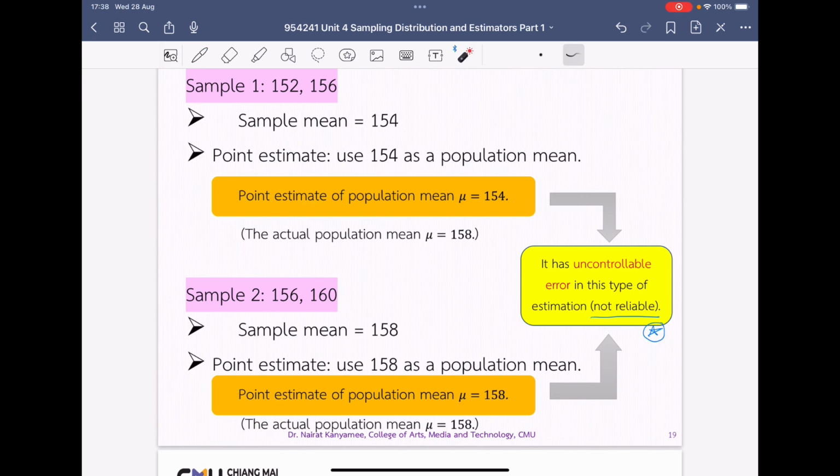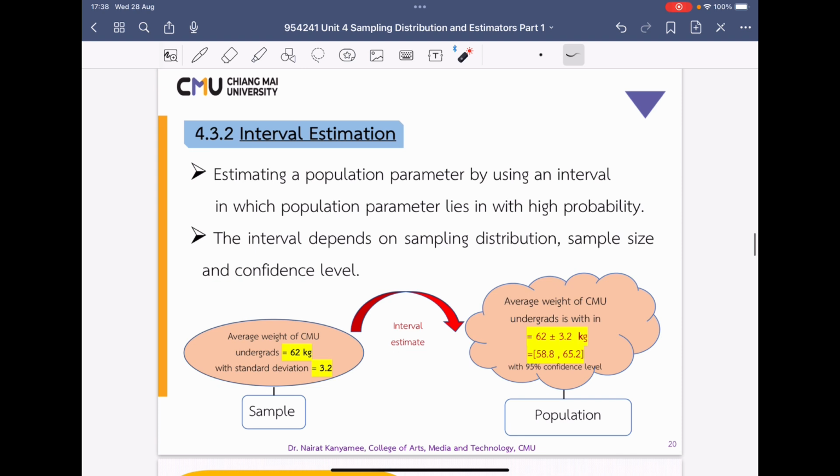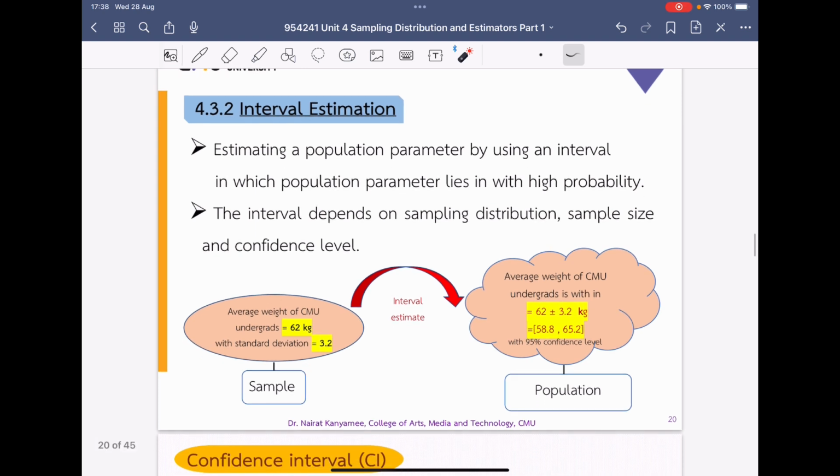So we have the second type, the second method for parameter estimation. Instead of using just a single value, we use interval estimation. In 4.3.2, we will talk about interval estimation. So we estimate as an interval.